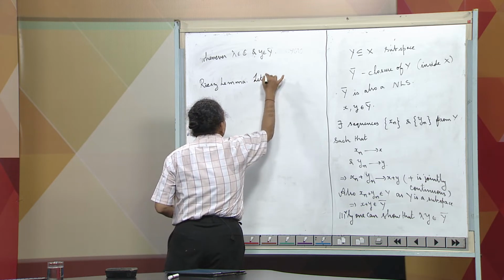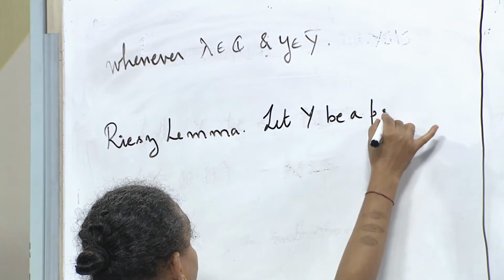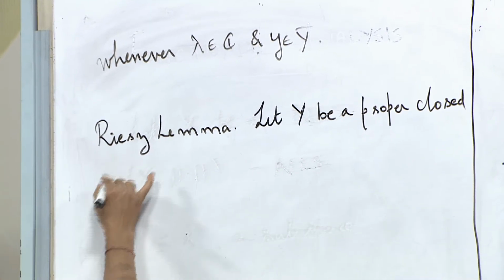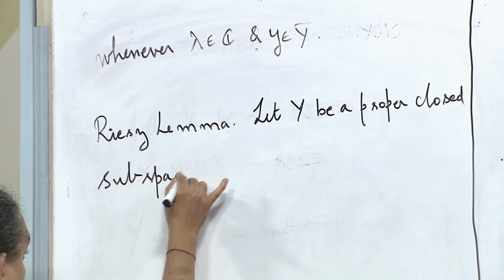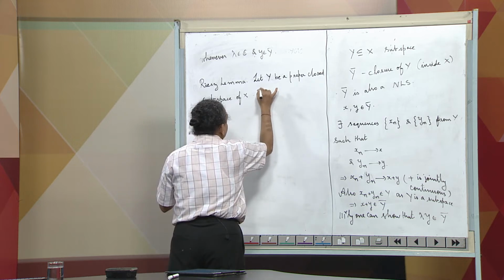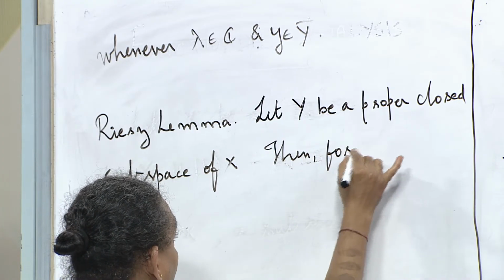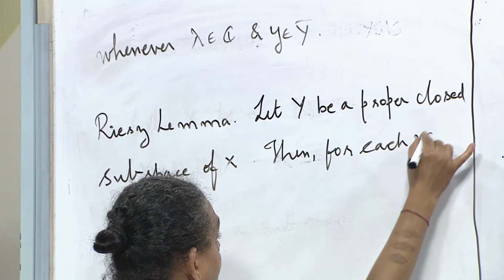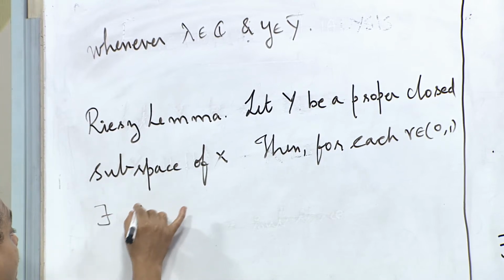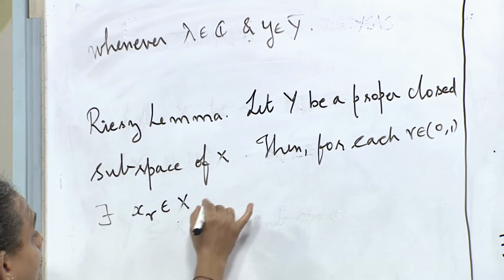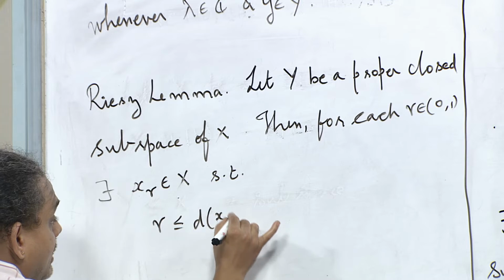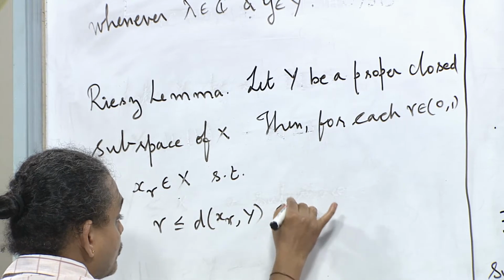Let Y be a proper closed subspace of X. Then for each r in the interval 0 to 1, there exists x_r from X such that r is less than or equal to the distance between x_r and Y, and it is also less than or equal to 1.